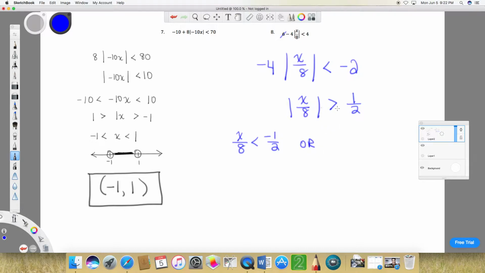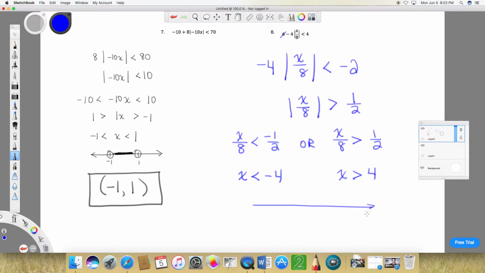Then for my other inequality, I just simply drop the absolute values. Now I solve each one. I'm going to multiply both sides by positive 8. So x is less than positive 8 times the negative 1/2, which is negative 4. And over here, if I multiply both sides by 8, 1/2 times 8 is a positive 4.